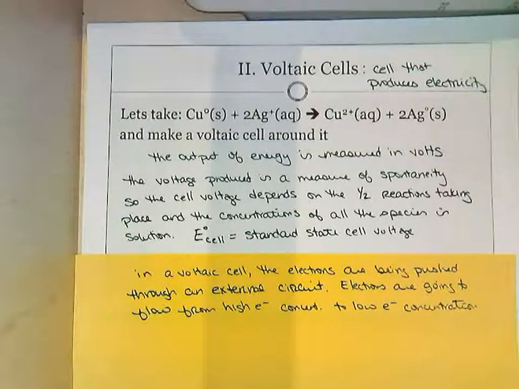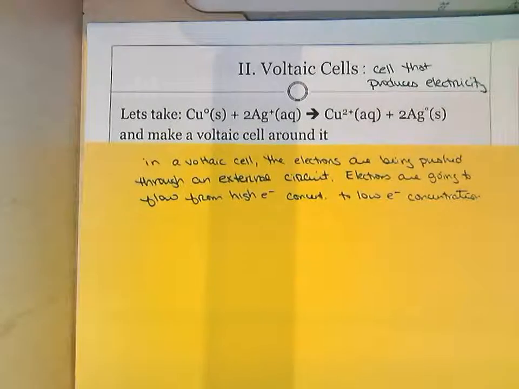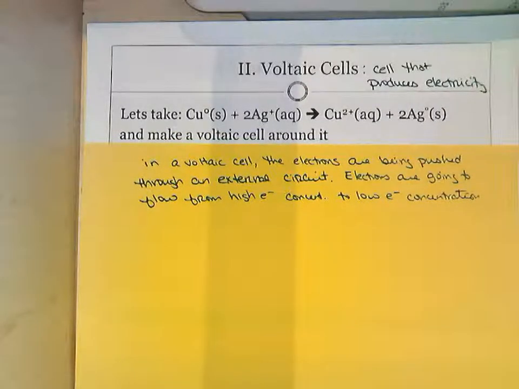All right, so here we have this reaction. We'll look at the two half reactions, figure out which one will be the higher electron concentration, which one will be the lower, and then we'll build a cell around it. All right, so let's take the copper half first.